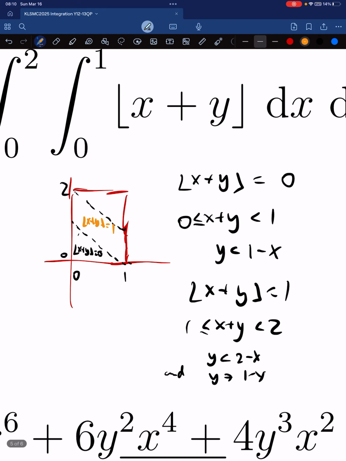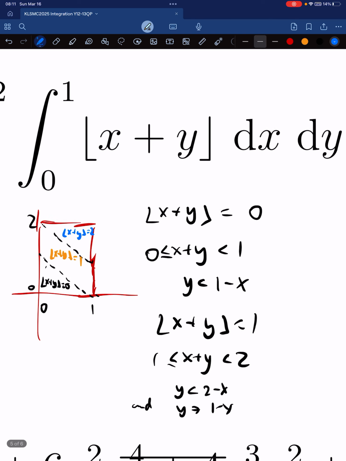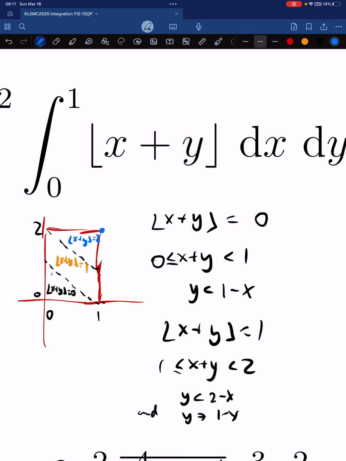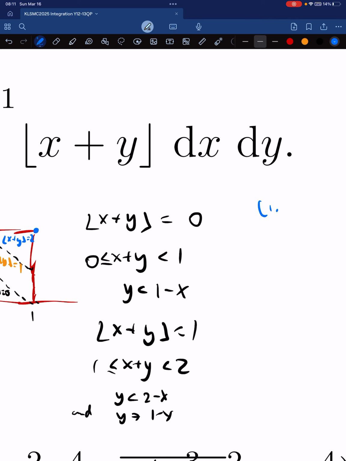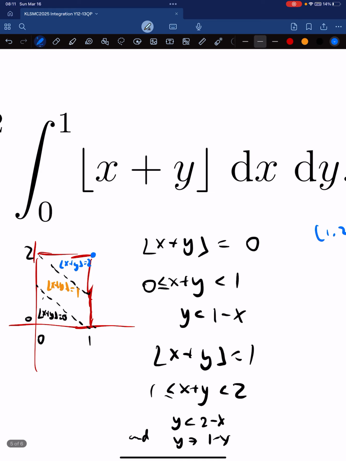And by the same reasoning, it should not be hard to identify that this is the part where the floor function of x plus y equals 2. Now you might argue that at the point 1, 2 in my xy plane, the value of the floor function equals 3.